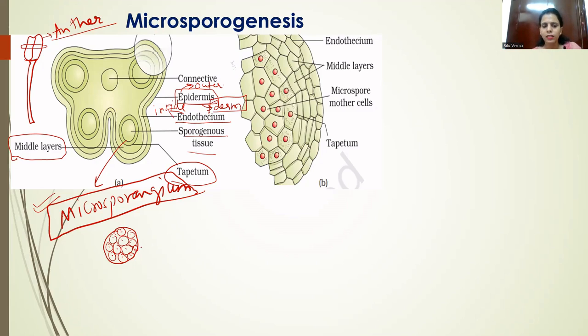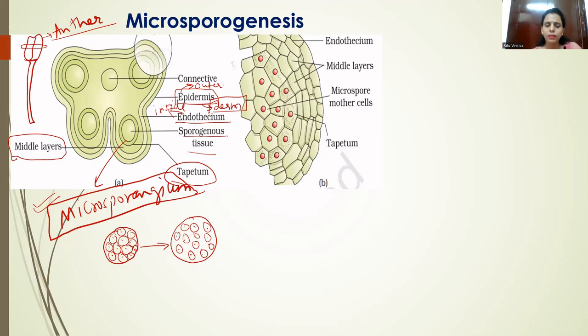At the same time the anther is also growing and developing, hence the size of the microsporangium now increases. The cells of the sporogenous tissue are now present inside the microsporangium with little space between them.